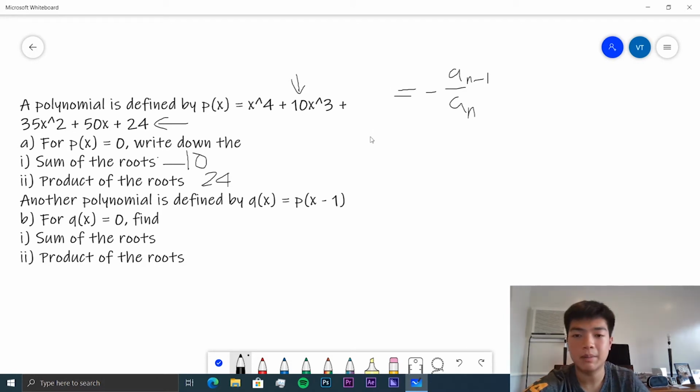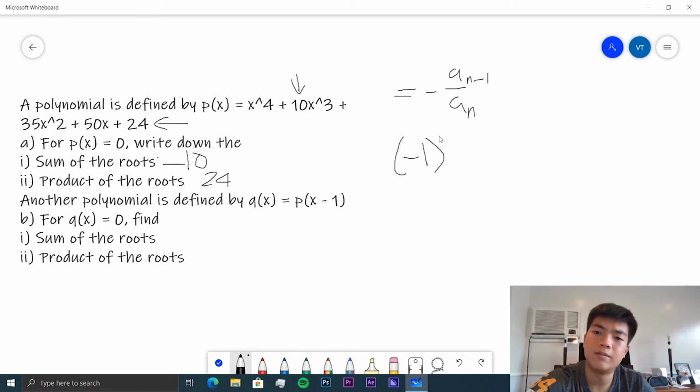Because we want to remember that for the roots, it's equal to negative 1 to the power of k times a to the k over a to the n, where k is the coefficient we're getting it from.